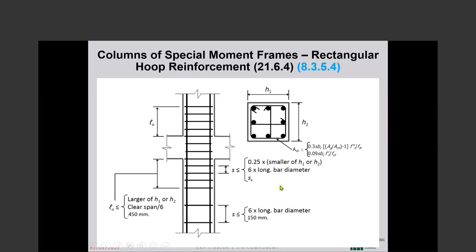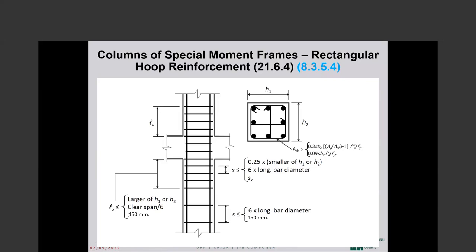Within that region, we have to have closely spaced closed hoops at a maximum spacing given here: one-quarter of the smaller plan dimension of the column, 6 times the longitudinal bar diameter, or this s_x, which varies between 4 and 6 inches.